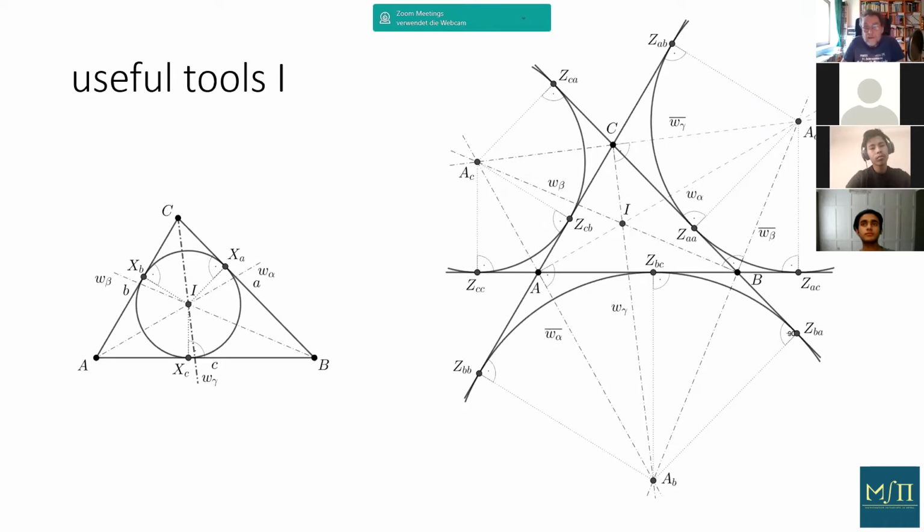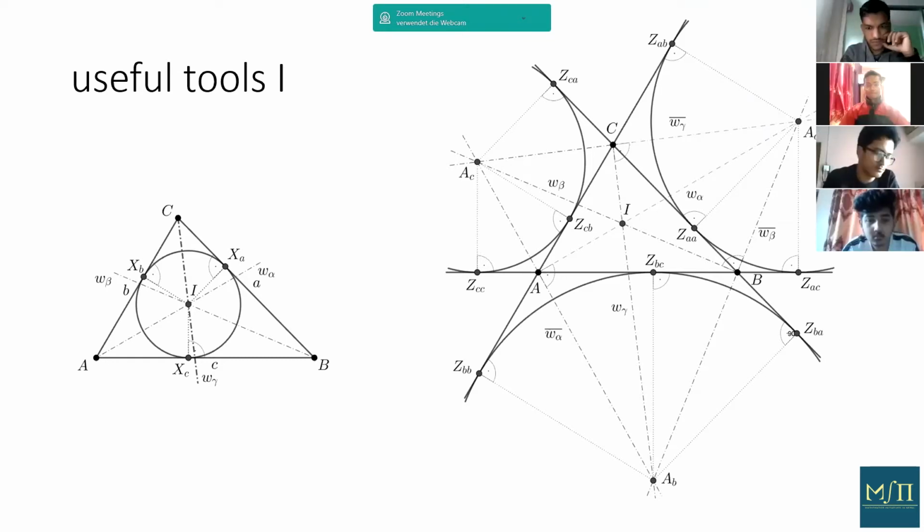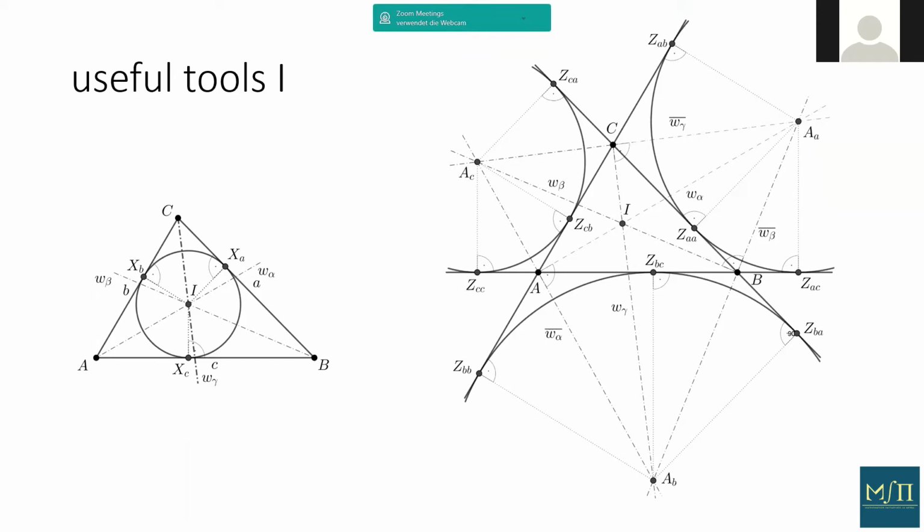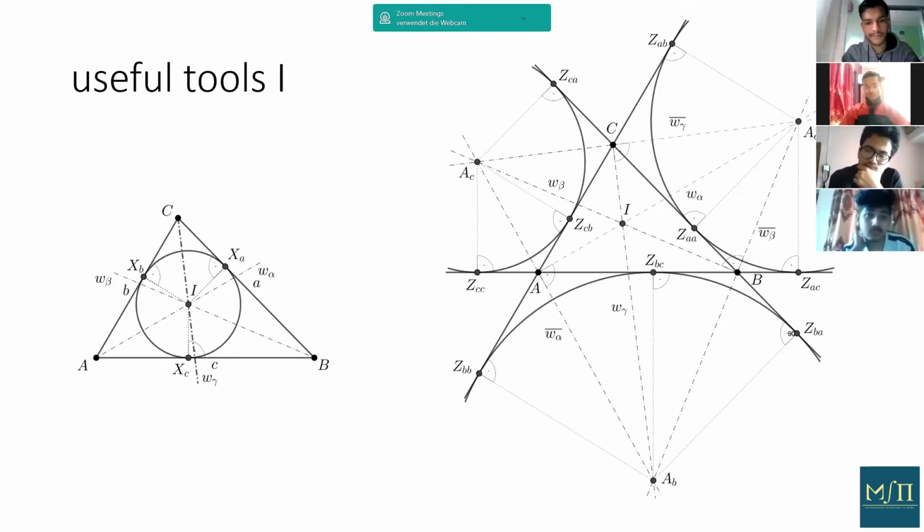But in the case of the excenters, we aren't finding the common point of all three internal angle bisectors, but rather the common point of one of the internal bisectors and two of the external bisectors. And since the external bisectors are always perpendicular to the internal bisectors, we will be using these right angles as well. So that's one of the quite useful tools that we will be applying here when we're talking about inradii and exradii of triangles and doing constructions using those.